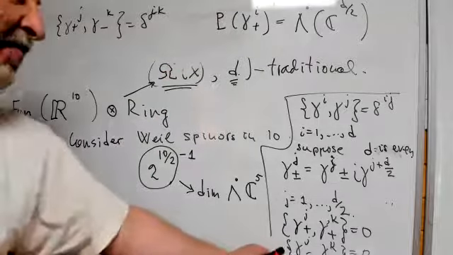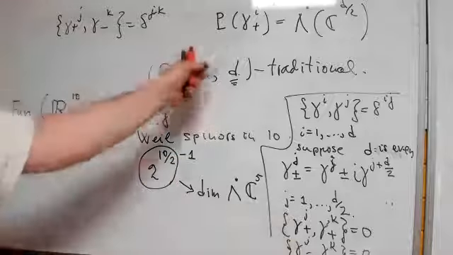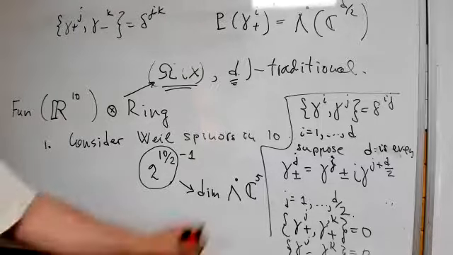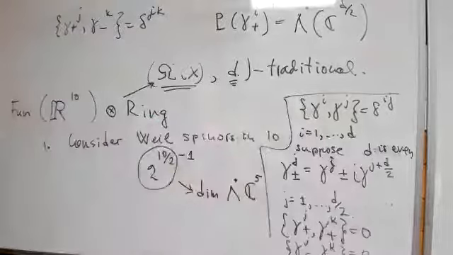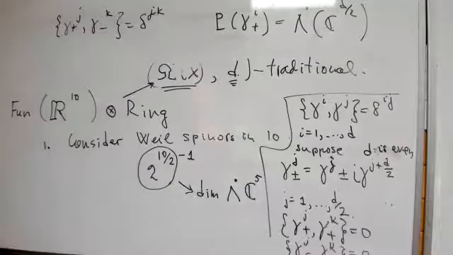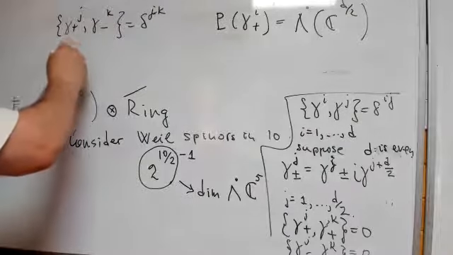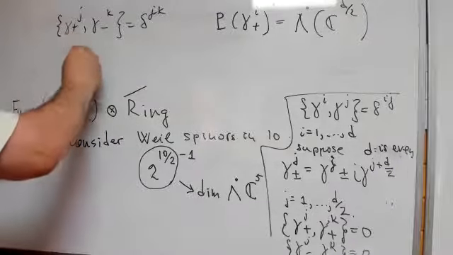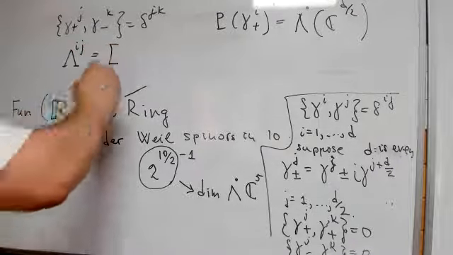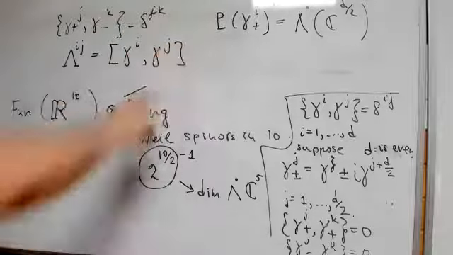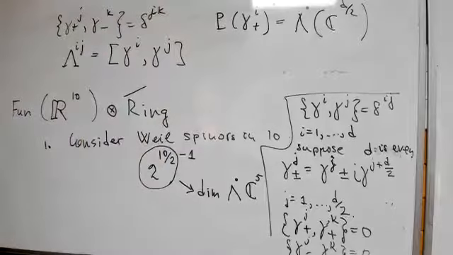And now gamma I act here as differential operators. So we represented this algebra. I see. Thank you. Now, Lorentz rotations, being commutators of gammas, are acting here as differential operators.